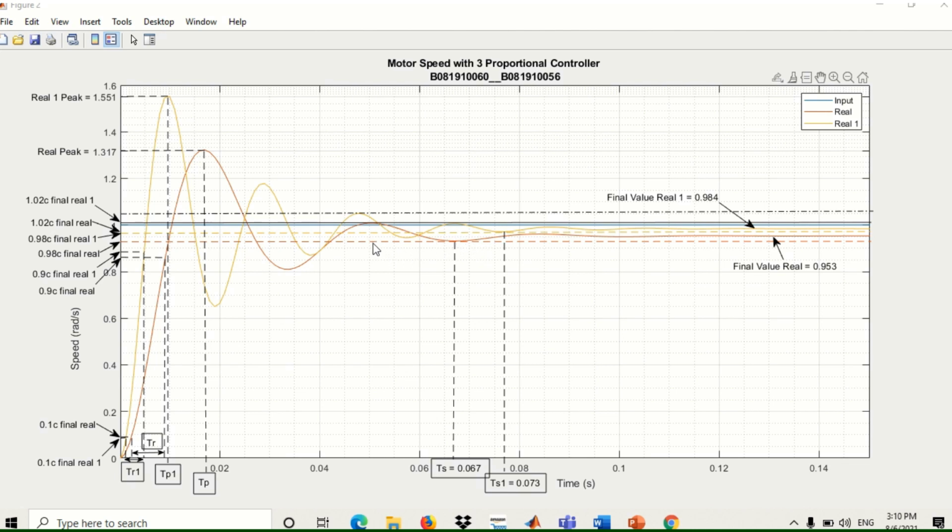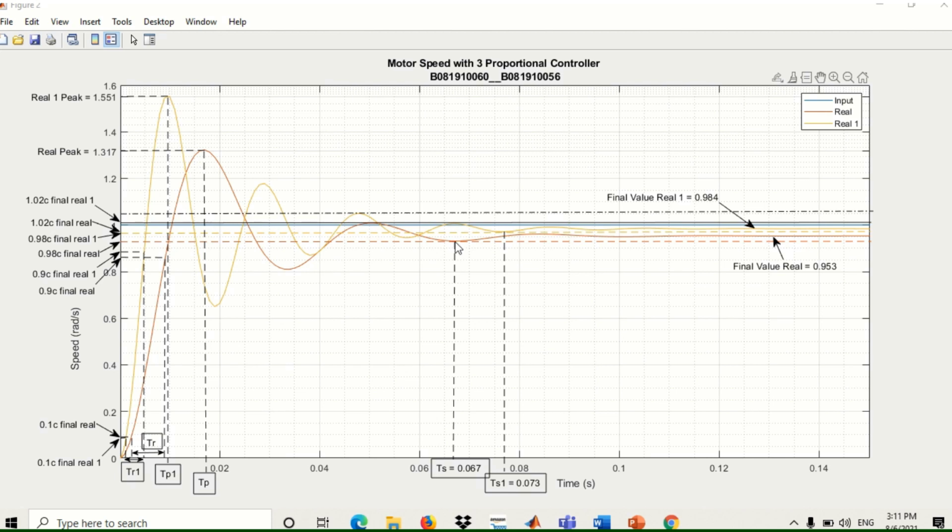So for TS, we use two formulas. First, 1.02 multiplied with the final value, and the second formula is 0.98 multiplied with the final value. So we insert a line and then we drag it until the line touches the graph.